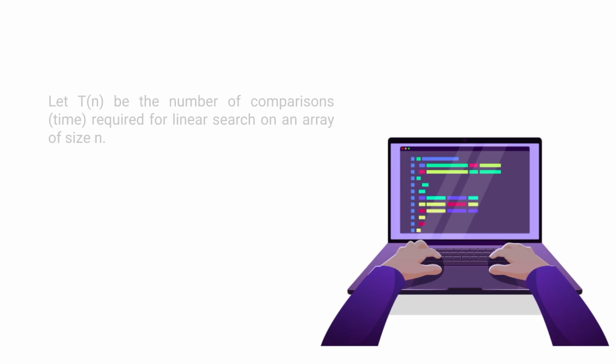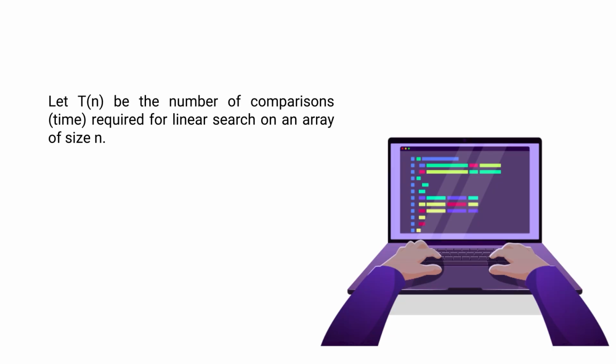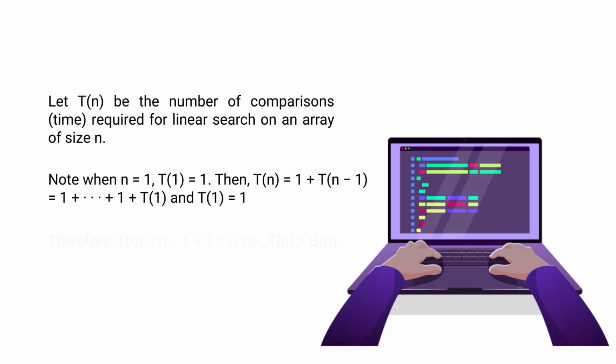When we solve the linear search problem with the help of recursion, what will be the recurrence? Let T(n) be the number of comparisons. Comparison means that at each step you compare your element x to the given array element. If element x is found in the array, that stops the recurrence. So, T(n) is the number of comparisons required for linear search on an array of size n.